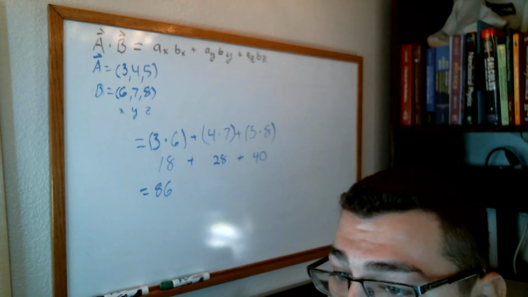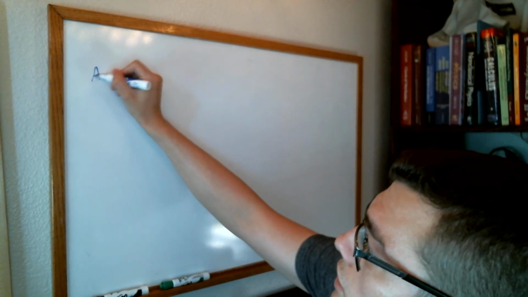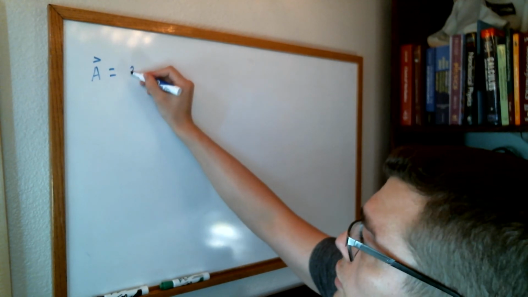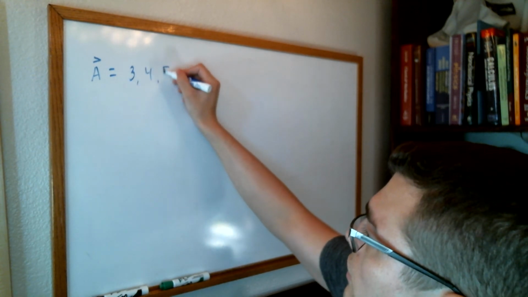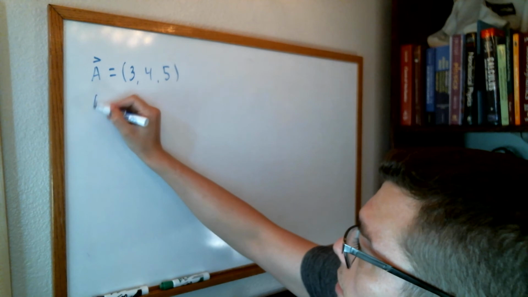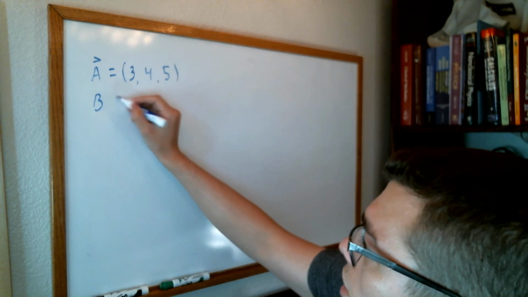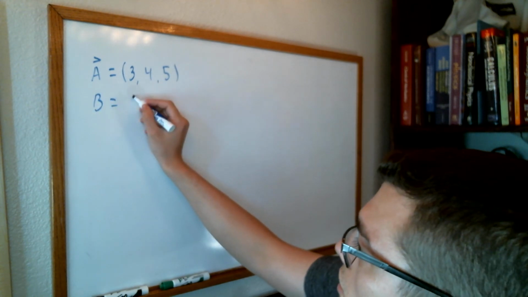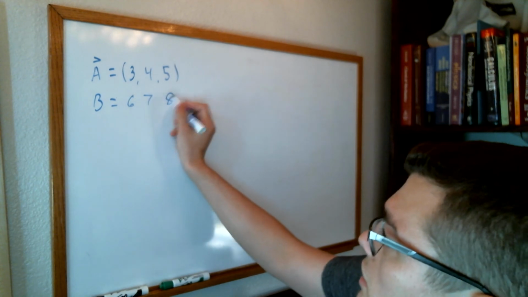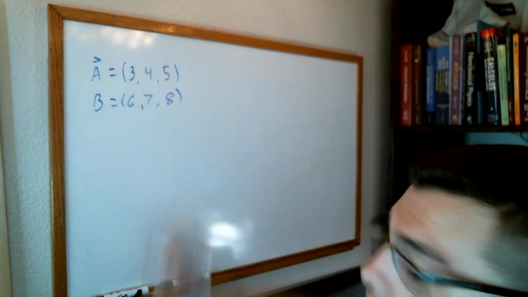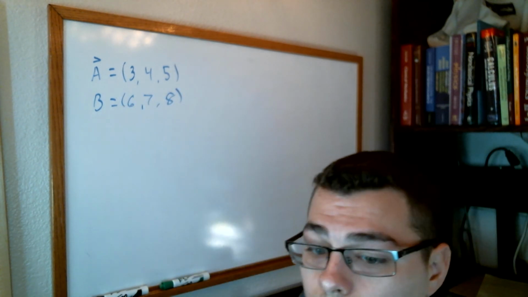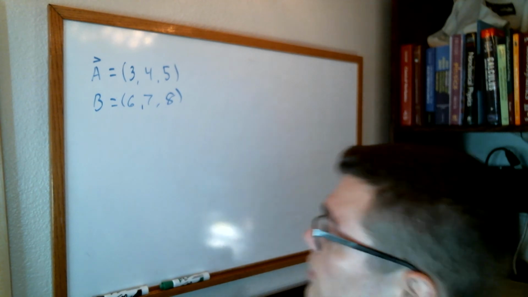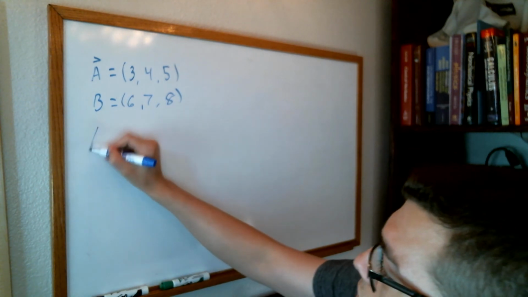Okay, so let's go back to our two vectors. We have A equal to 3, 4, 5, and B equal to 6, 7, 8. And so now what if we want to know the angle between these two? The dot product has another definition.